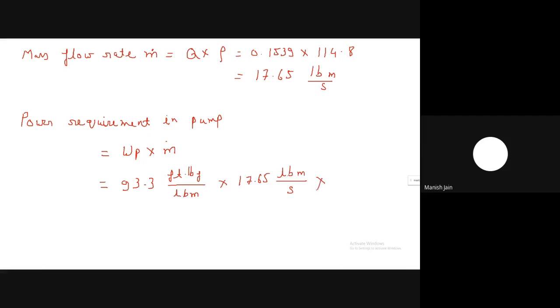Now the answer is required in horsepower. So 1 horsepower, represented by HP, is equal to 550 foot pound force per second. So it will be converted into horsepower.